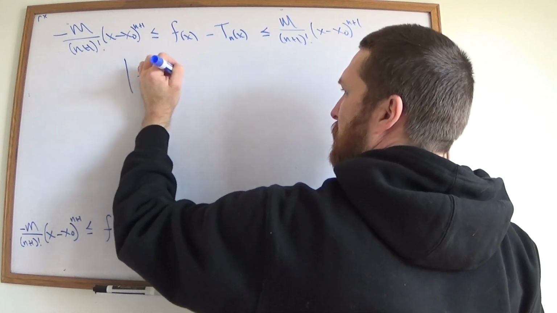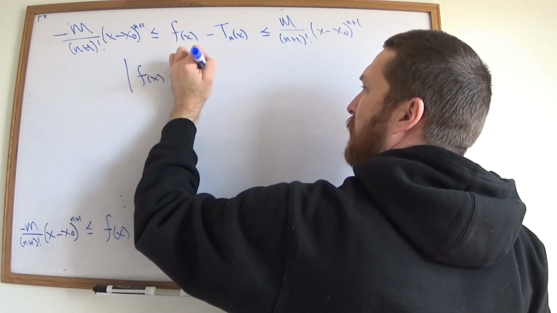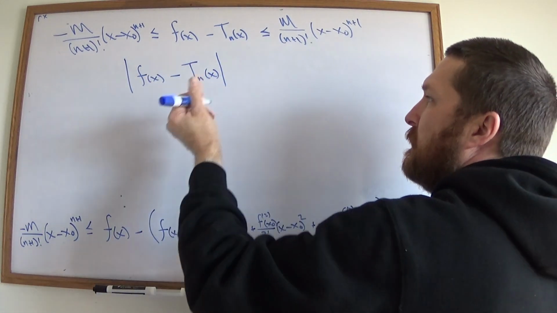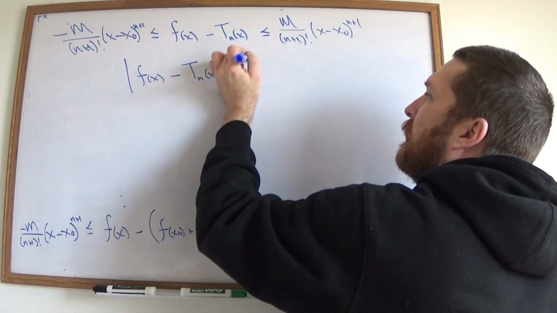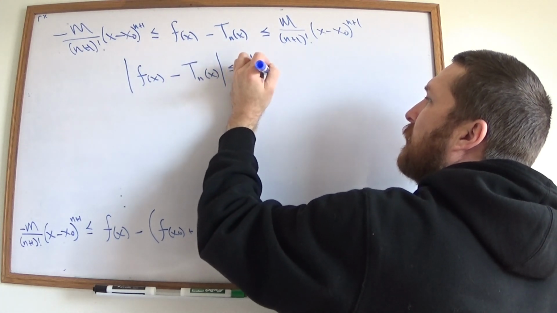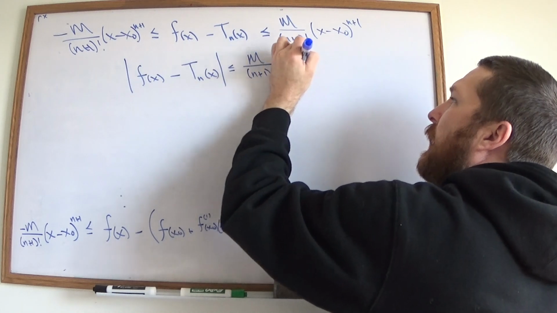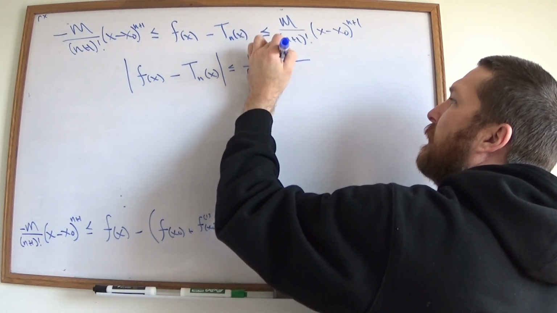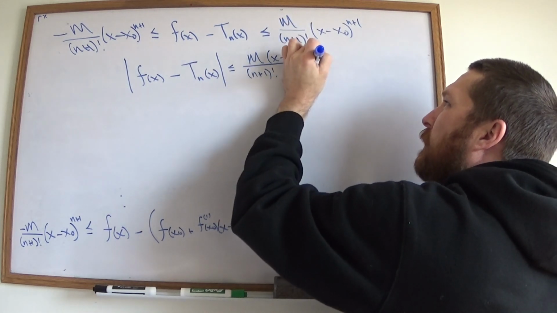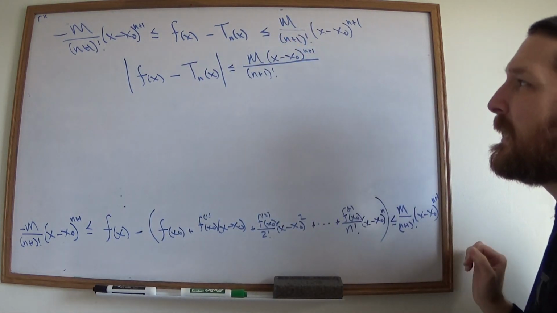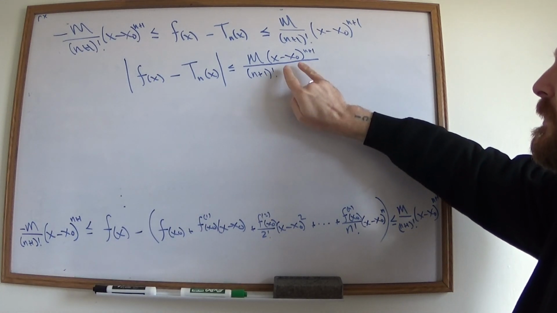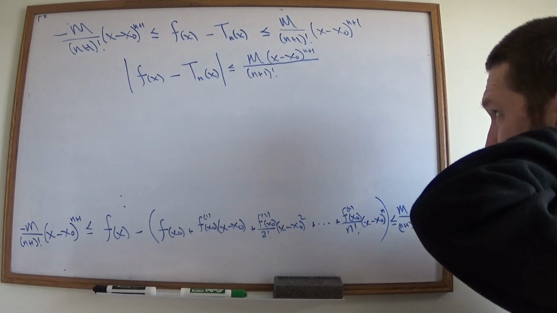That the distance from the nth Taylor polynomial to the function itself at some value of x is bounded by M over n plus 1 factorial, and I'm just going to throw him in the numerator. The only thing that looks a little different is that when I wrote this up earlier, that was an absolute value.